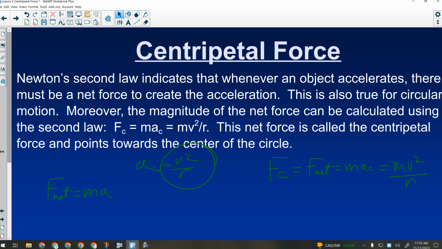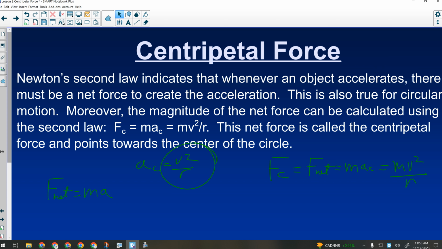Newton's second law still applies for objects moving in a circle. That doesn't change. All that changes is now they're moving in a circle. So that net force is always pointed in towards the center, and it can be the vector sum of all of the forces.